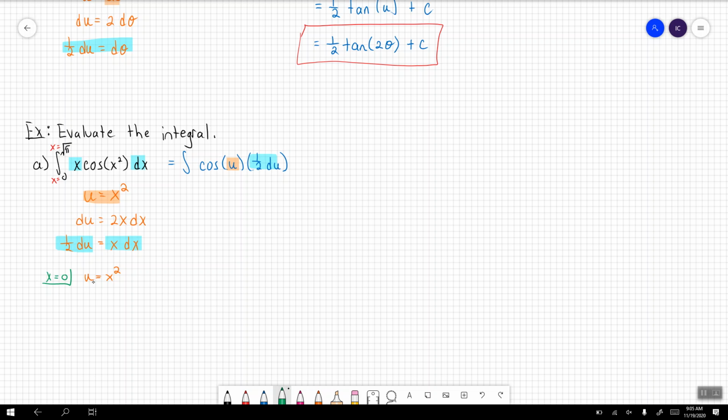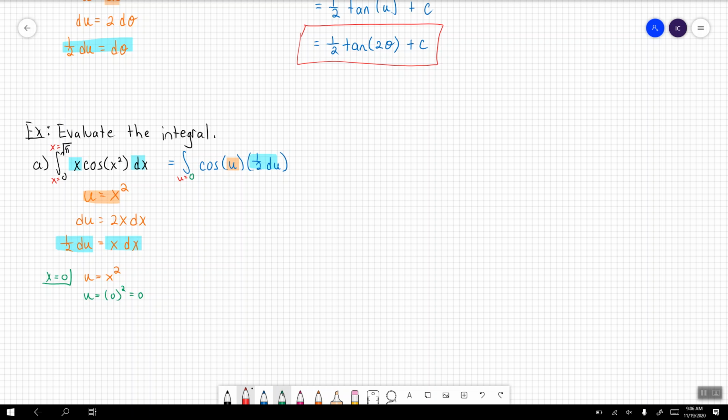And I will be getting here that u is equal to 0. So in the grand scheme of things, my lower limit, x being equal to 0, translates into u being equal to 0. Okay, that's the lower limit.